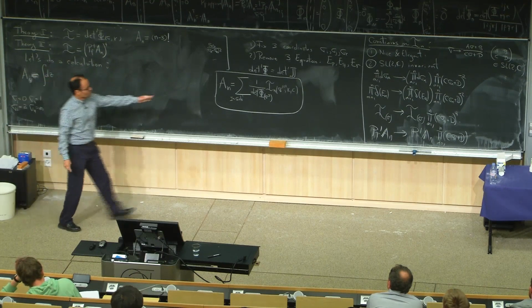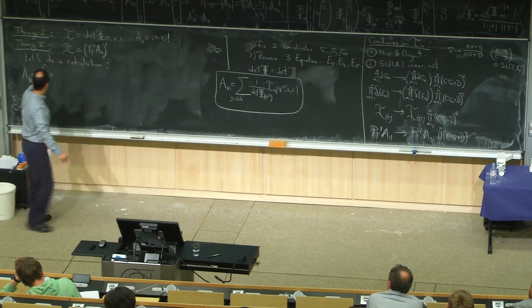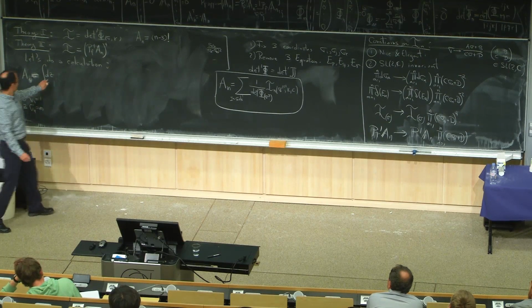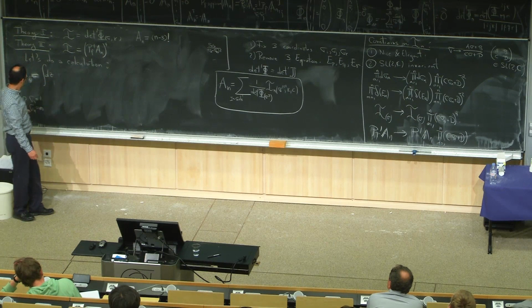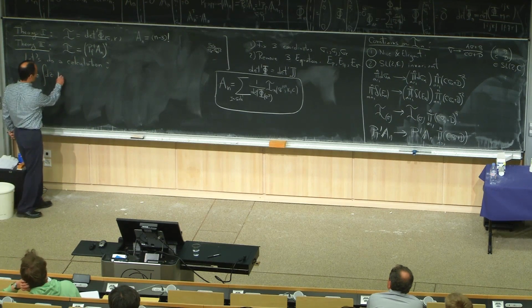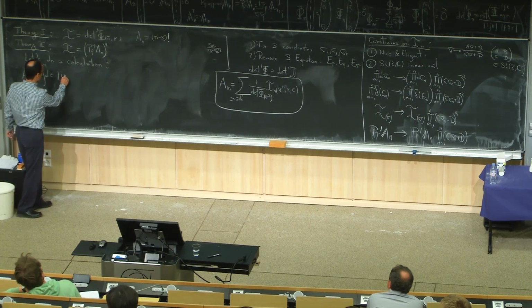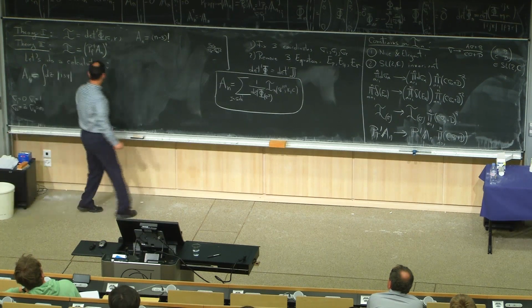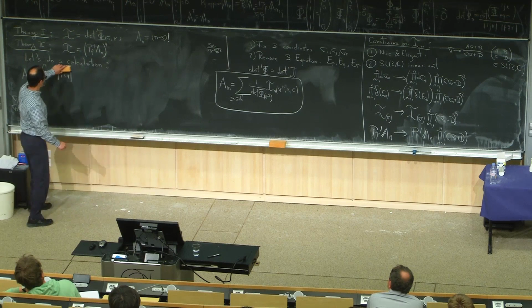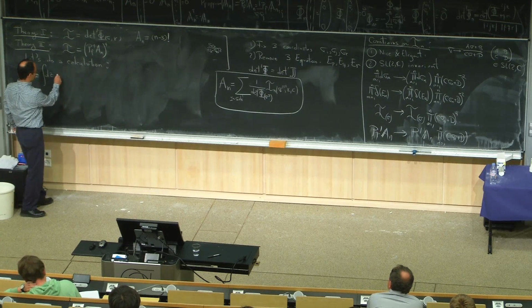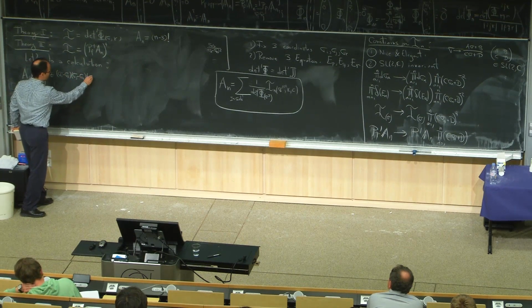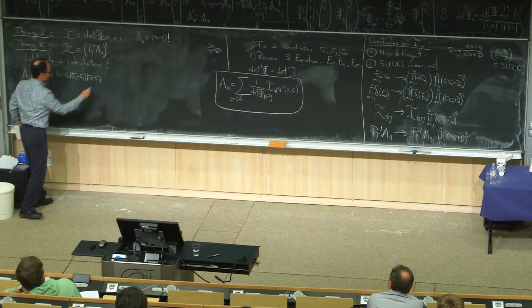I could use this formula directly, but it's easier just to do it in the integral form, just to see what happens. Once we fix these 3 variables, we're supposed to put the little determinant 1, 3, 4 here, which I'm going to write explicitly so that we can save time. It is sigma 1 minus sigma 3, minus sigma 4 minus sigma 1.